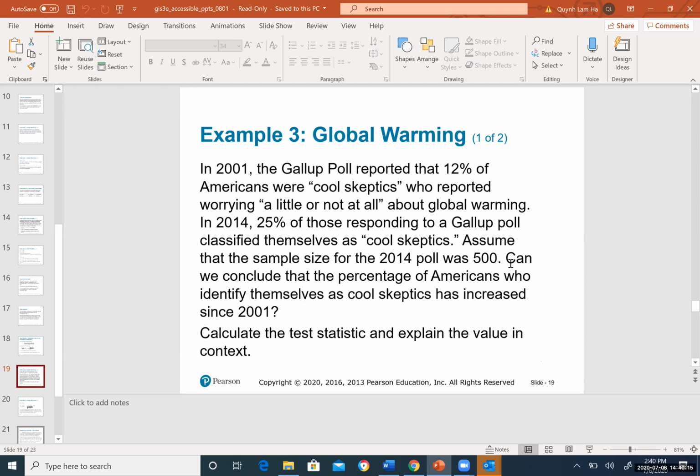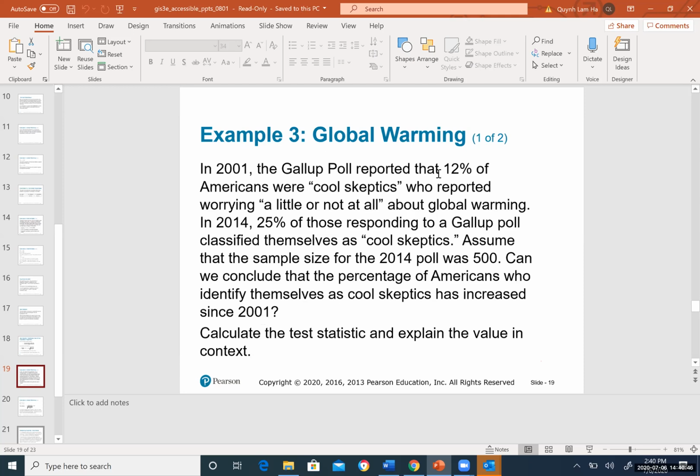The question is, can we conclude that the percentage of Americans who identify themselves as cool skeptics has increased? So this is another phrase, has increased, which is talking about the greater than, which is one tail but the right side, since 2001. So I conclude one more time. I interpret this whole problem right here.